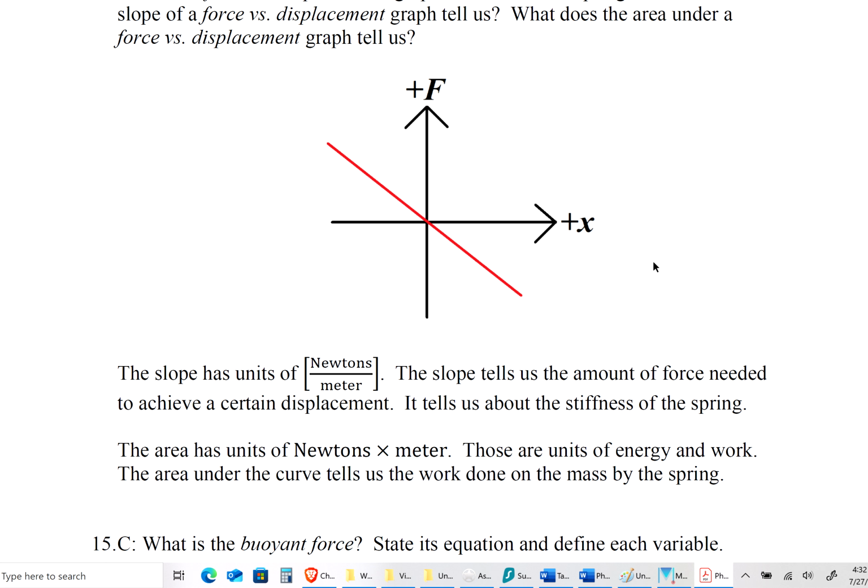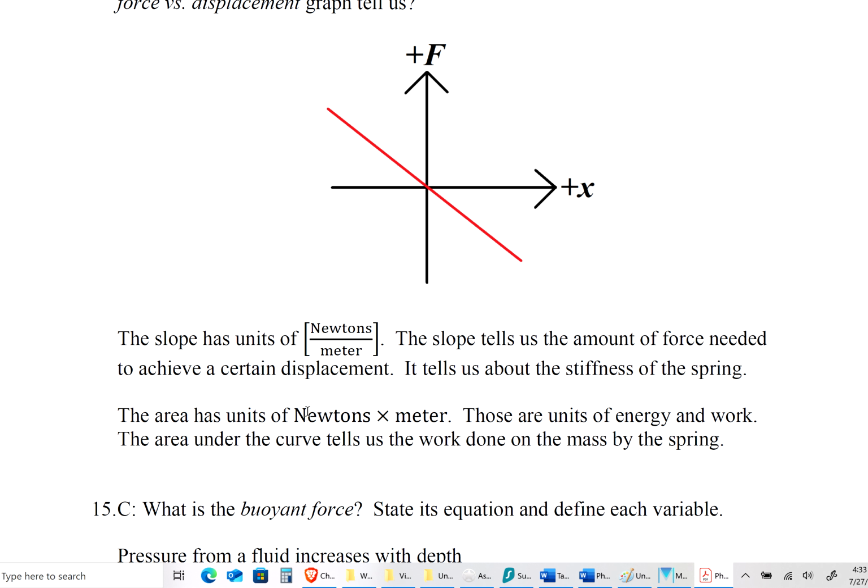The slope has units of newtons per meter. The slope tells us the amount of force needed to achieve a certain displacement. It tells us about the stiffness of the spring. So as we pull the mass from the equilibrium position more, we can determine the force needed to pull it.